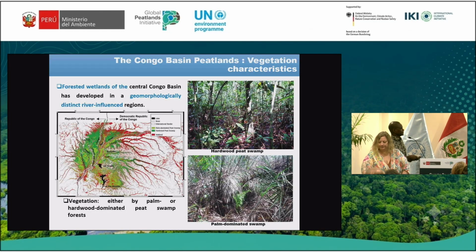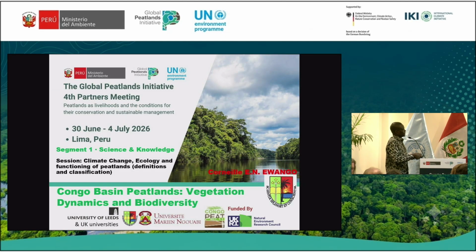Okay, as I said the first day, the Congo Basin forest peatlands are in a large area of wetlands, and within it we have the peatland areas. And those peatlands are characterized by two types of vegetation: hardwood peat swamp and palm-dominated swamp forest.